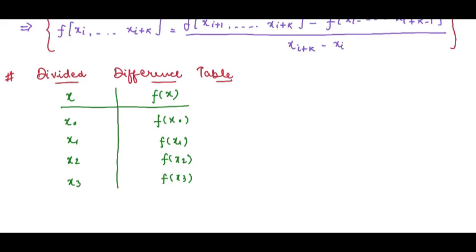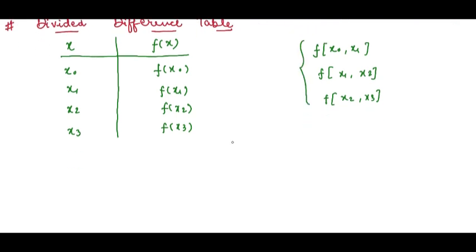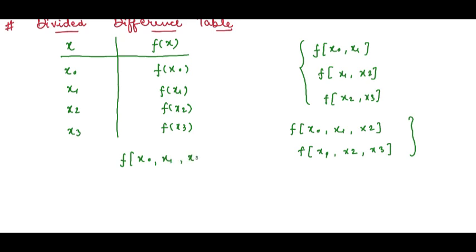We first need to calculate the first divided differences f[x0, x1], f[x1, x2] and f[x2, x3]. Then we calculate the second divided differences f[x0, x1, x2] and f[x1, x2, x3]. And finally, we calculate f[x0, x1, x2, x3].